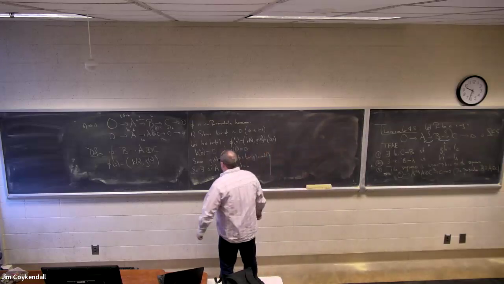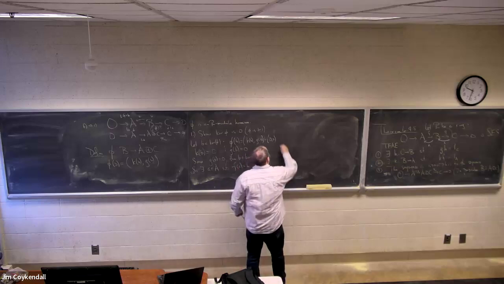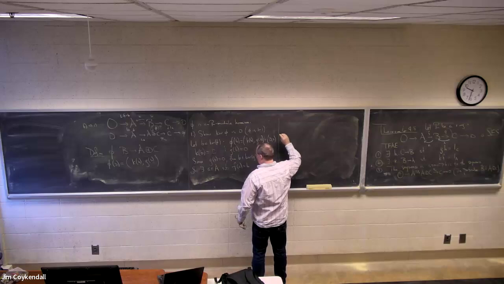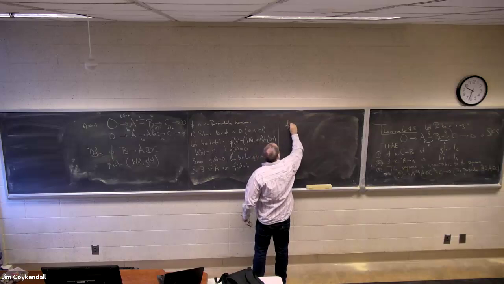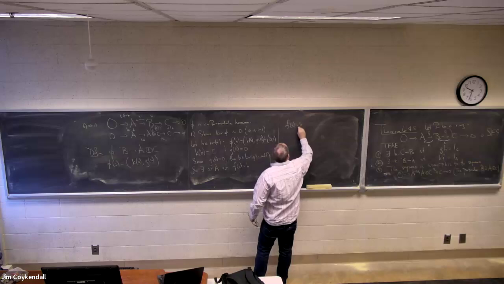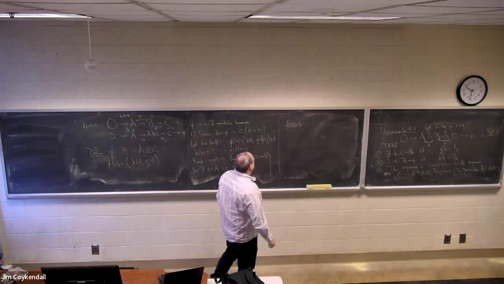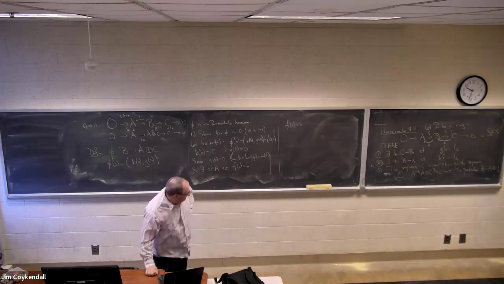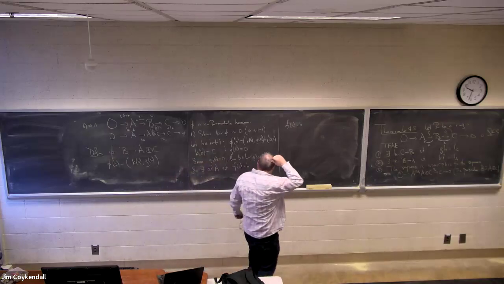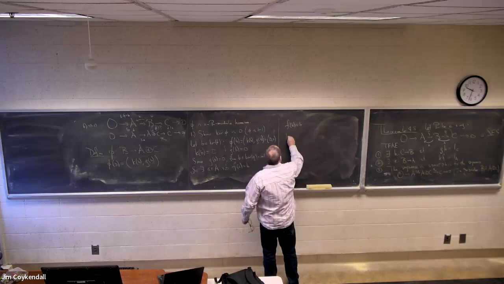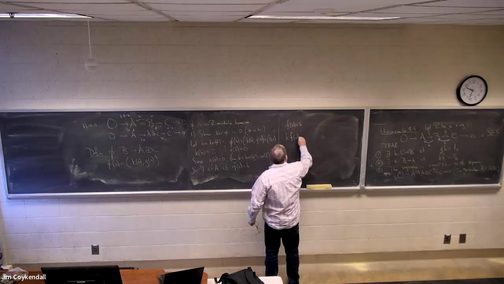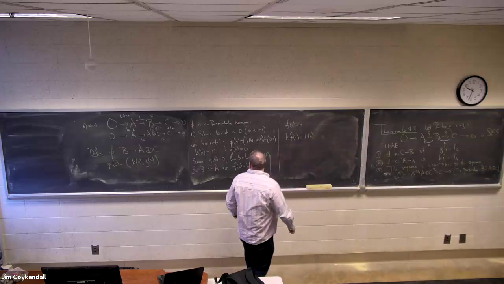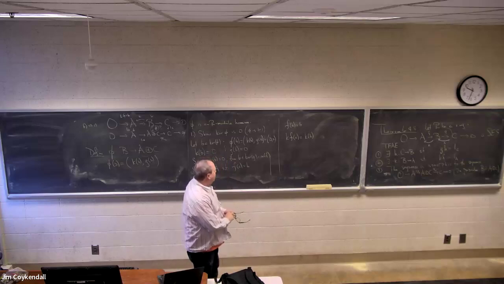Okay, but let's see what we do with this. Well, so if I compose this for K, KD is 0, right?